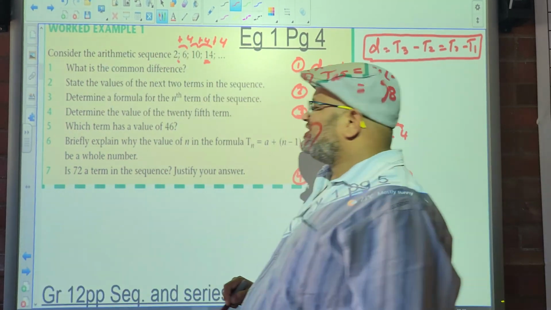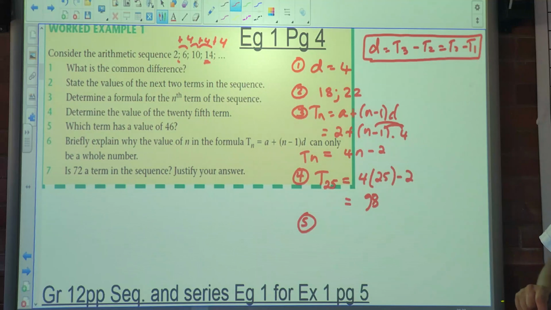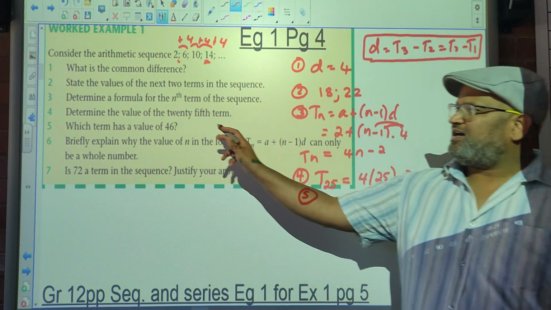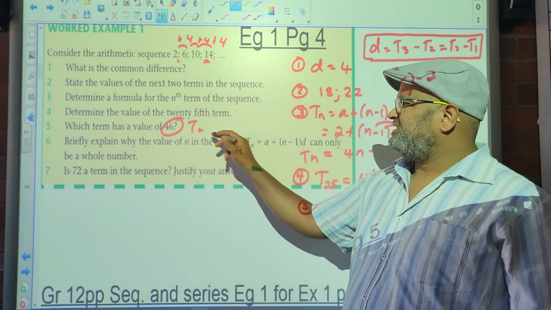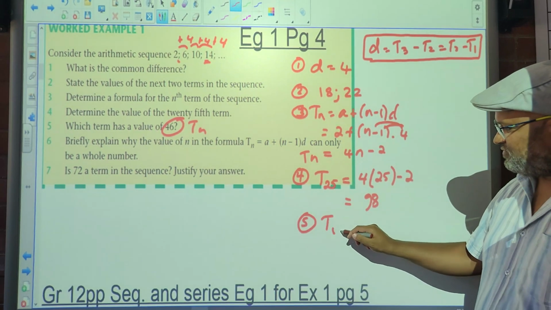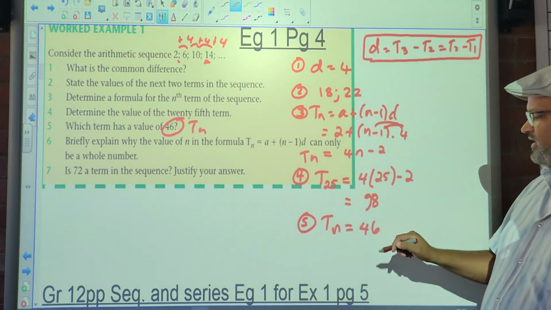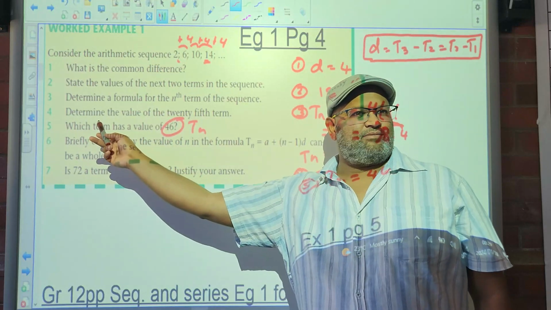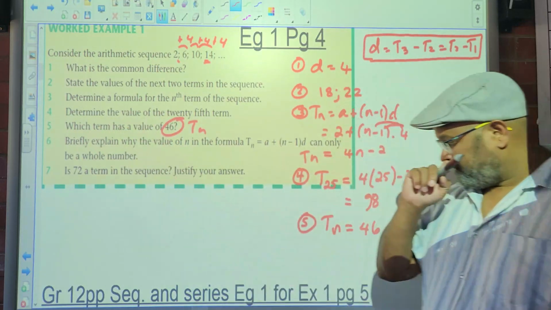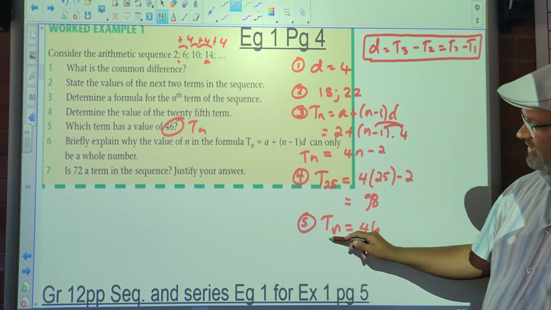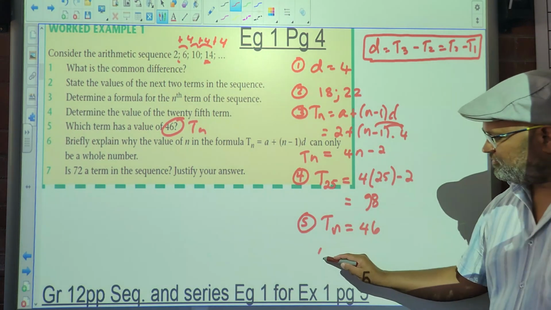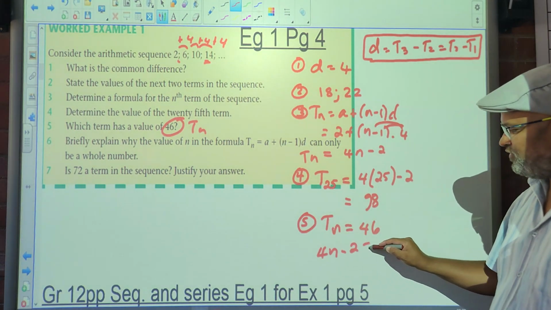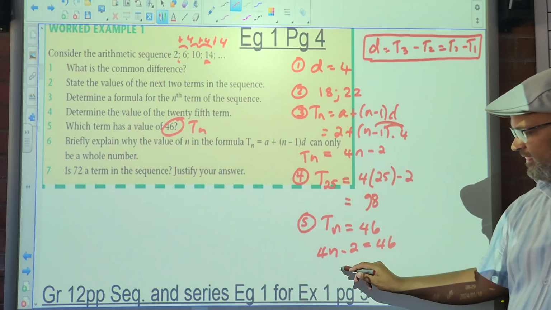Let's look at number 5. Which term has a value of 46? So that the nth term is 46. So I say Tn is equal to, what am I calculating here? N. I'm calculating n here, the term number. Okay? So what is Tn? 4n minus 2, of course, is equal to 46.